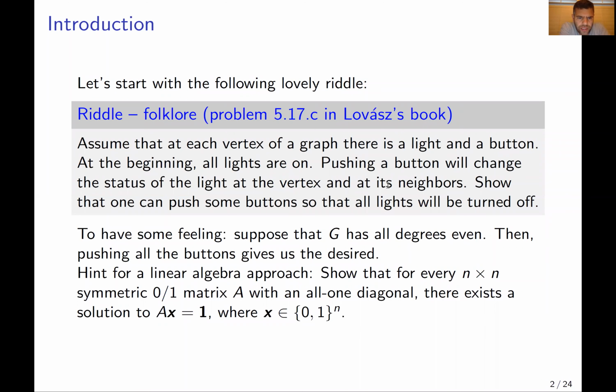So a hint for the linear algebra approach: you want to show that for every n by n symmetric 0-1 matrix A with all ones along the diagonal, there exists a solution to the system of linear equations AX equals the all-ones vector, where X is a binary vector. Is it clear?